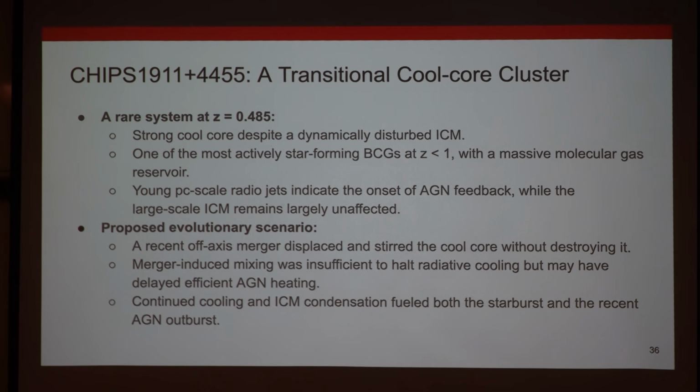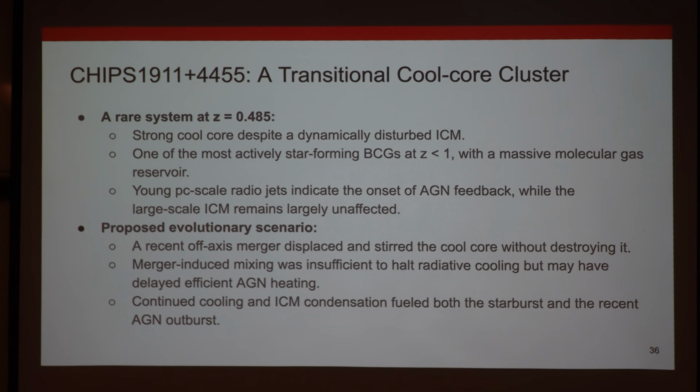It's one of the most active star-forming BCGs at redshift less than 1, with a large molecular gas detection, which is strong evidence suggesting that the star formation that we have detected is probably correct. And in the radio observation, we have detected the young parsec scale radio jet, indicating the beginning of the AGN feedback, or it's just activating the AGN in the center of the BCG, but without affecting the ICM as a whole yet, because it still doesn't have enough time.